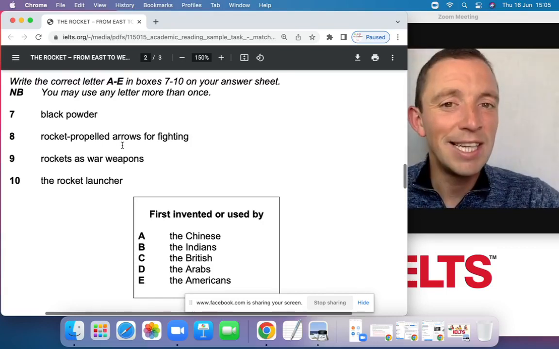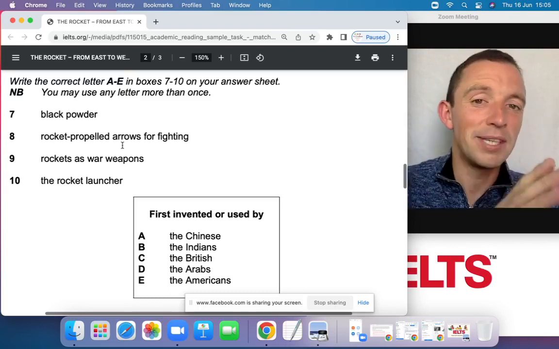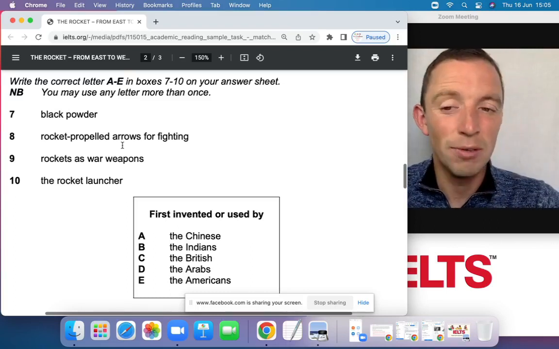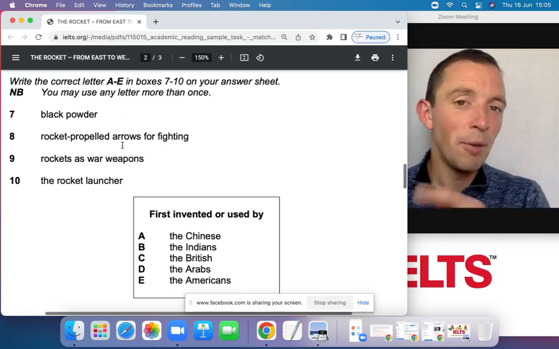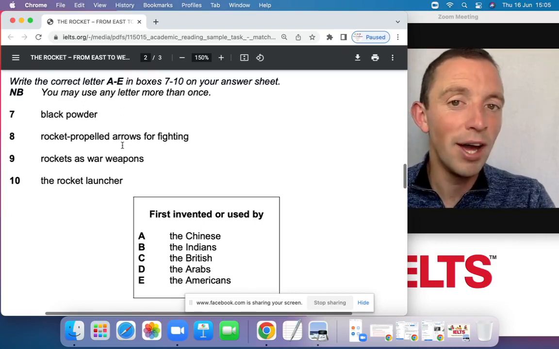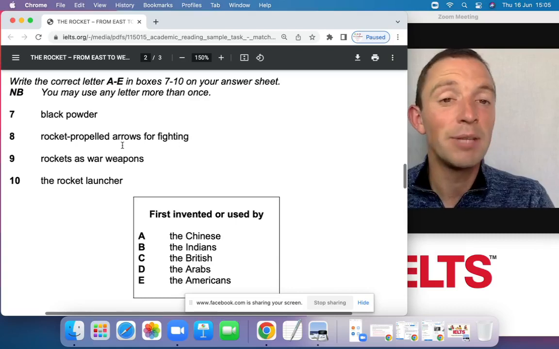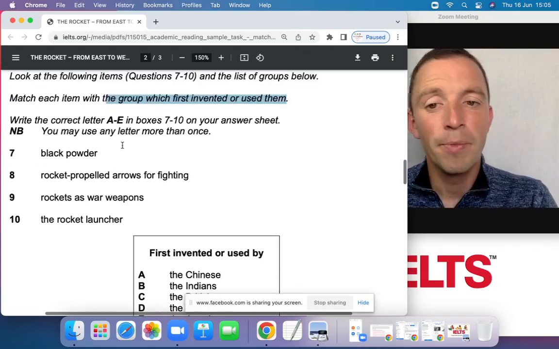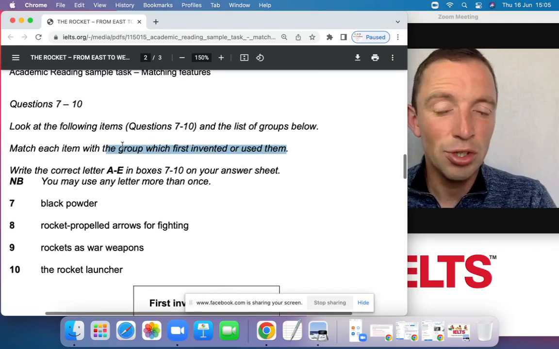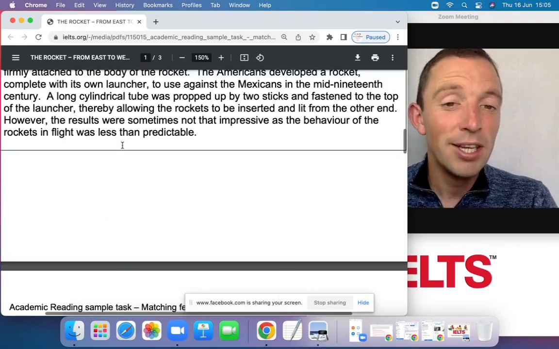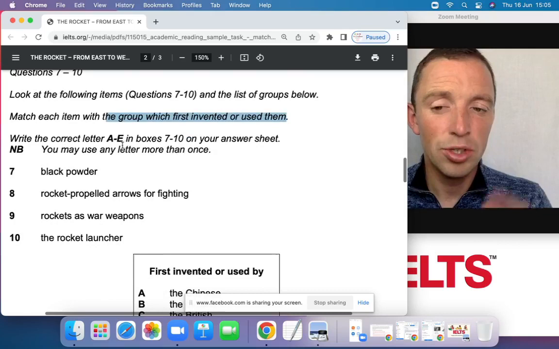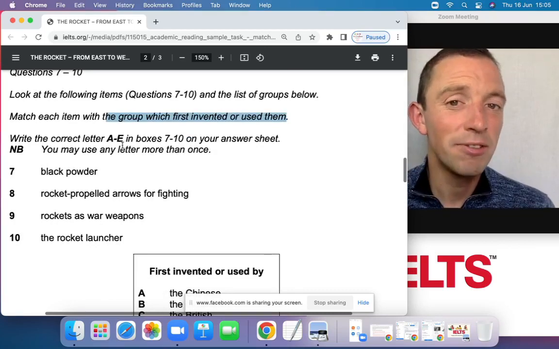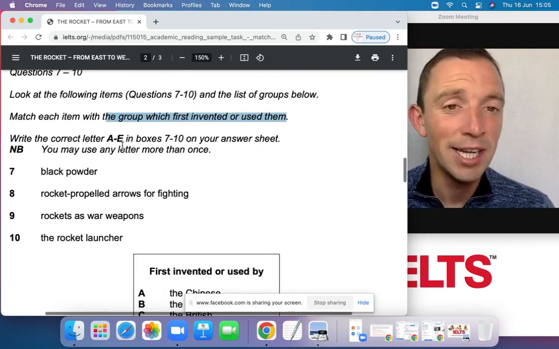Maybe it's a good idea to take a picture and put the picture beside you during this lesson. So if you want to take a screenshot and remember the options during the lesson while we read the text, that might be a very good idea to do. So let's go back to the start. Some people prefer immediately to look for black powder and to look for the answer immediately, and that's a very good idea.